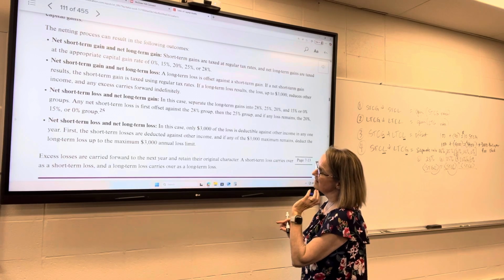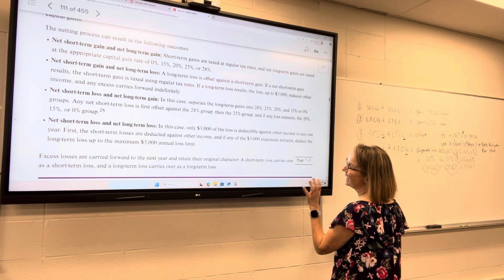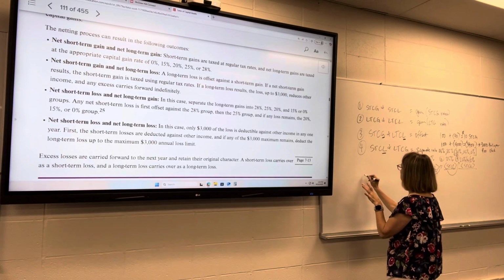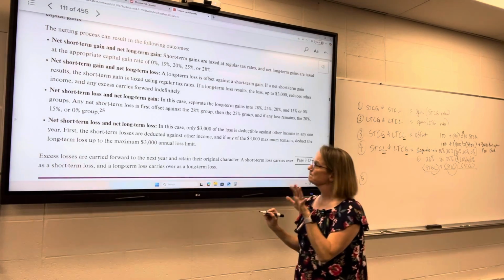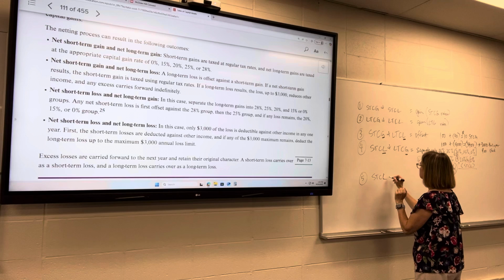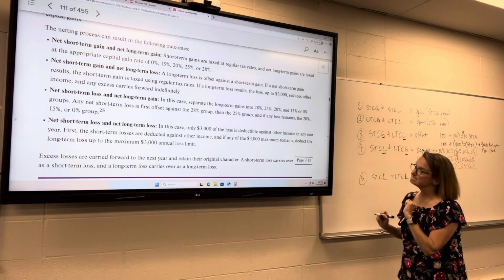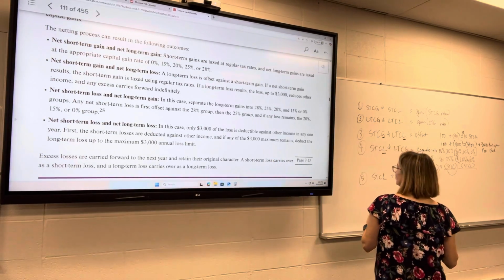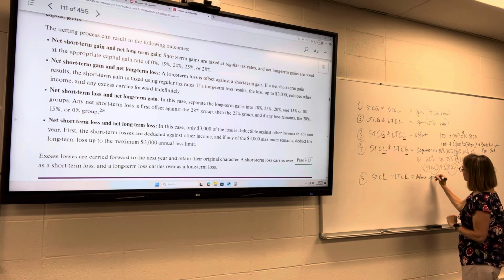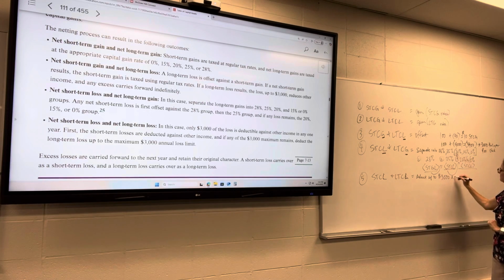Last part, if we have a net short-term loss and a net long-term capital loss, $3,000 of the loss is deductible against other income.